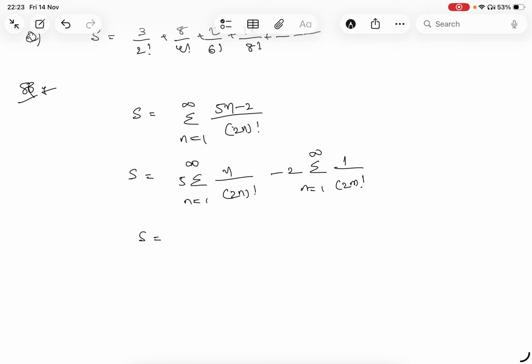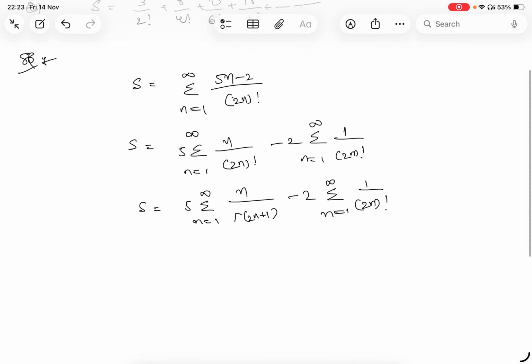Now this can be written as s equal to 5 into summation n equal to 1 to infinity n by n factorial. 2n factorial can be written as gamma of 2n plus 1, right? Write the rest as it is, which is summation n equal to 1 to infinity 2n whole factorial, right?